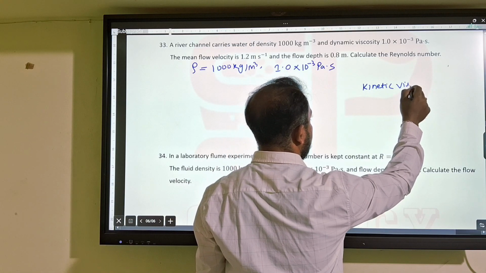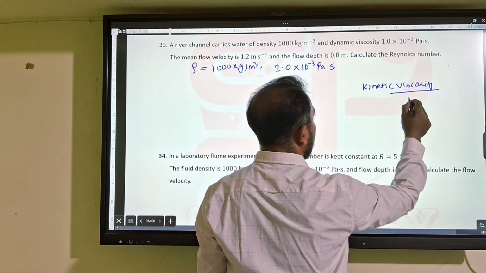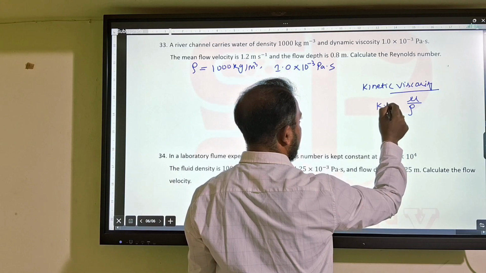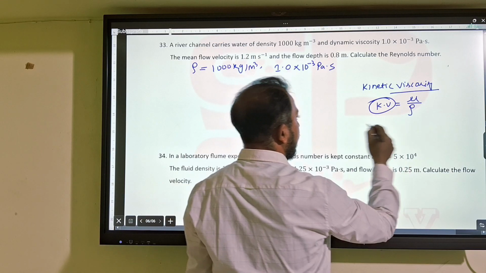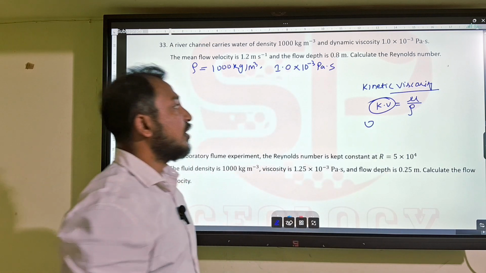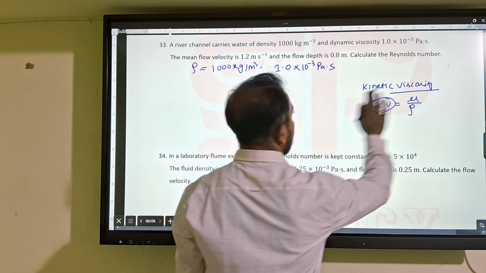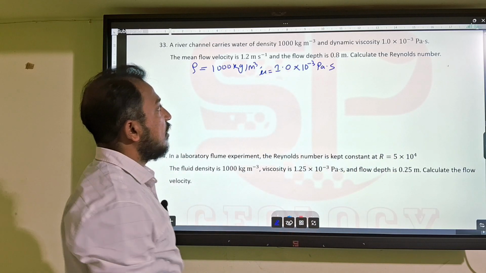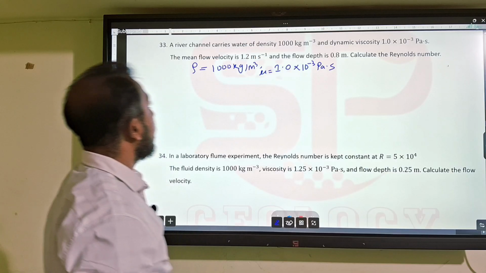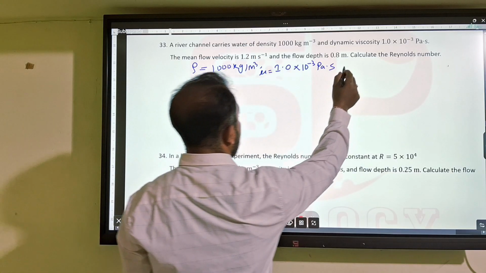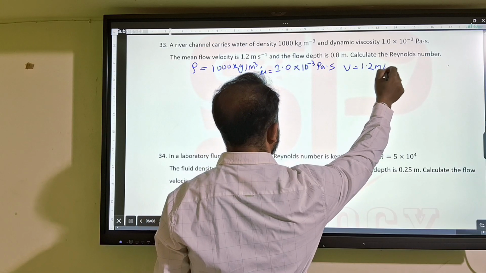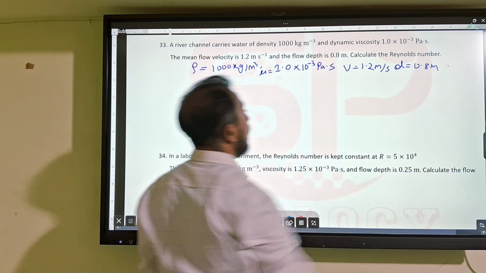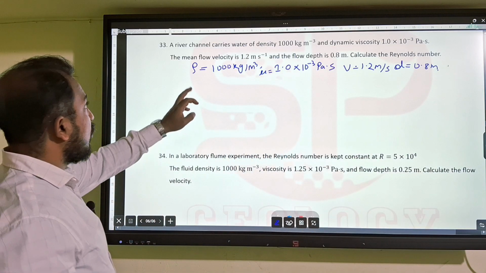Remember here, kinematic viscosity is mu by rho, and we use this symbol for it. So viscosity is given as 1 into 10 to the minus 3 Pascal second. The mean velocity is given as 1.2 meter per second. Then the flow depth D is given as 0.8 meter. So all parameters are given.